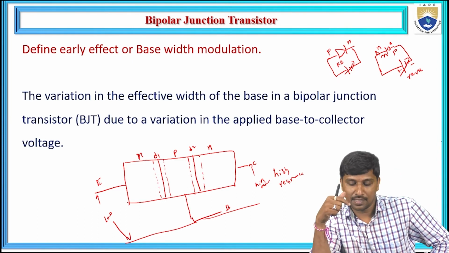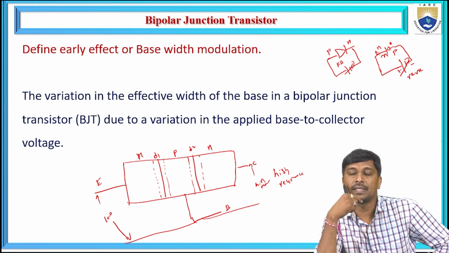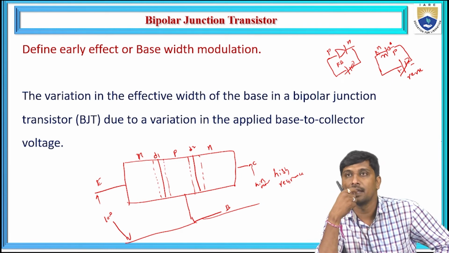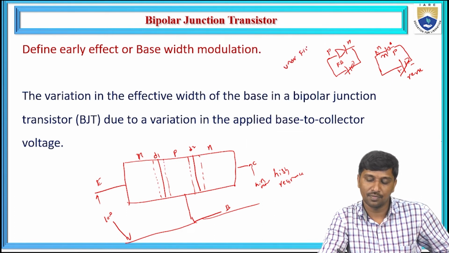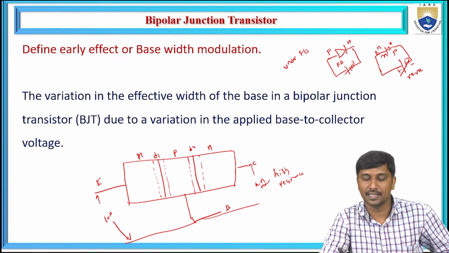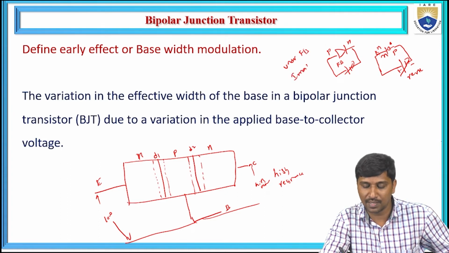Now, what happens under forward bias in a normal PN junction? It offers a maximum current. So under forward bias, the bipolar junction transistor offers a maximum current.